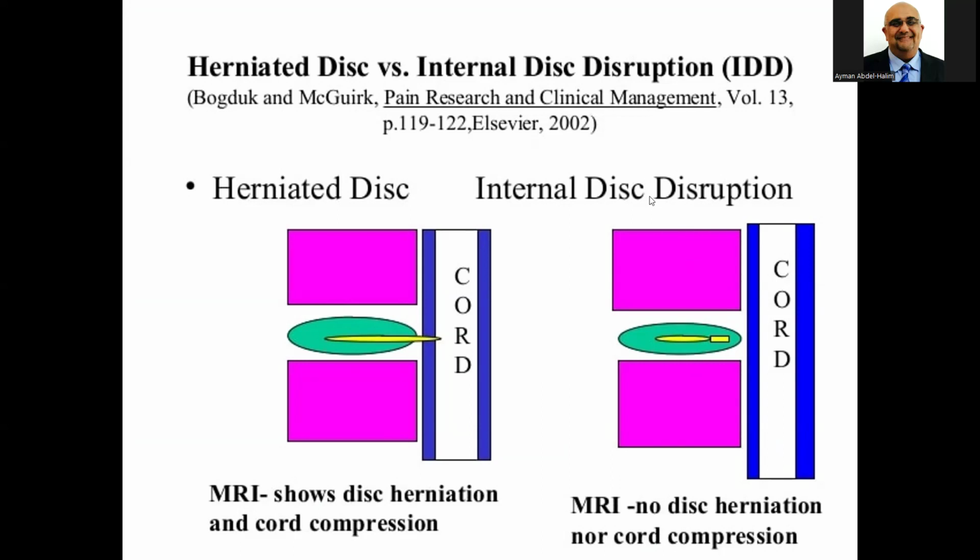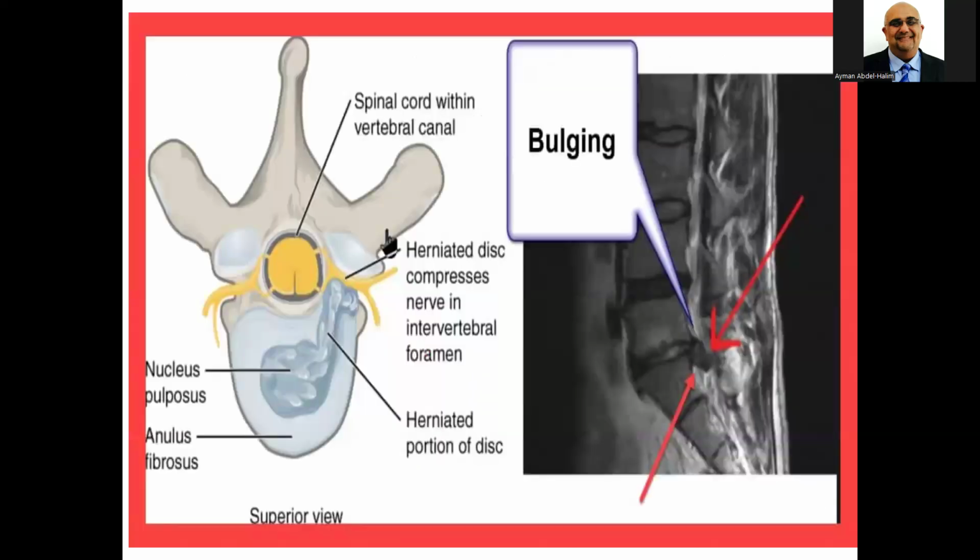Usually, this phenomenon causes axial pain. It doesn't cause radicular pain. This one, if you herniate, you will develop radicular pain. Guys, this is extremely important in the understanding of low back pain issues here. For example, this is a bulge here.